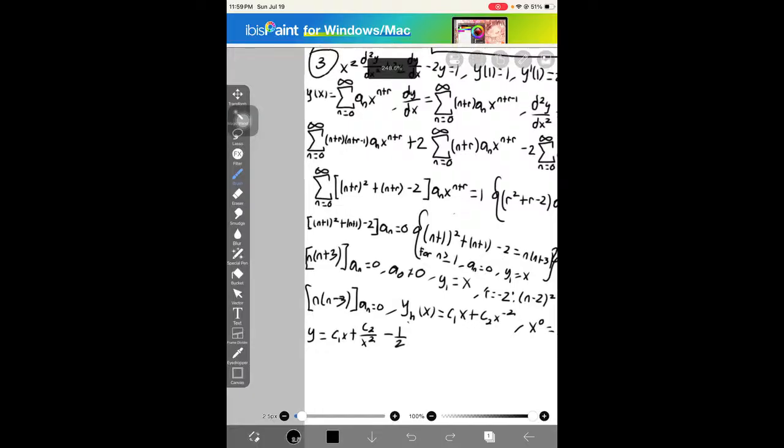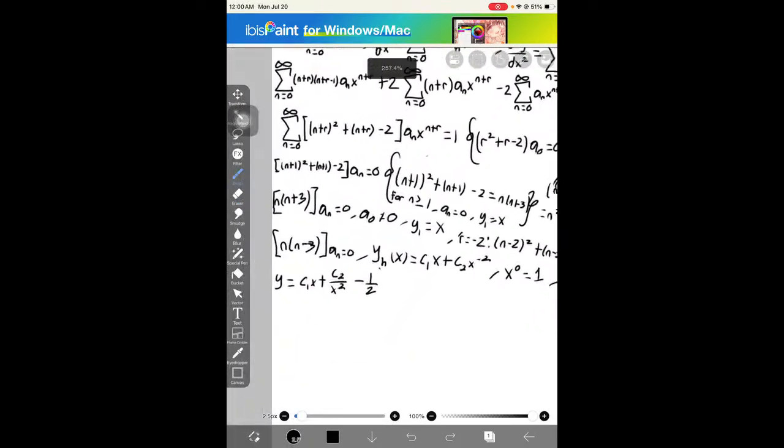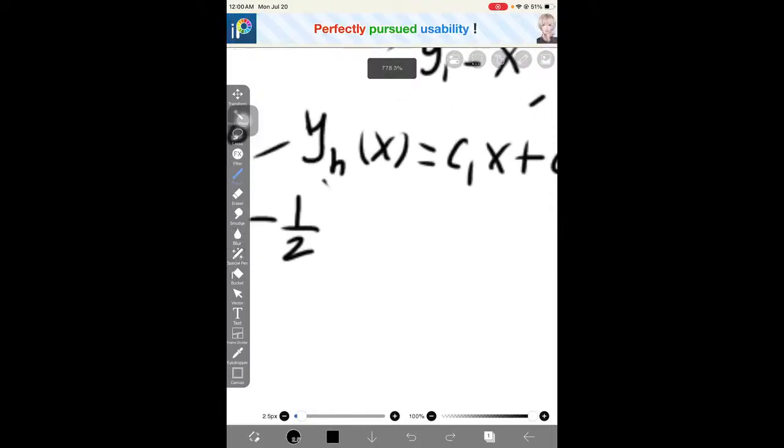We did say that y of 1 equals 1. So let's go ahead and solve for that.